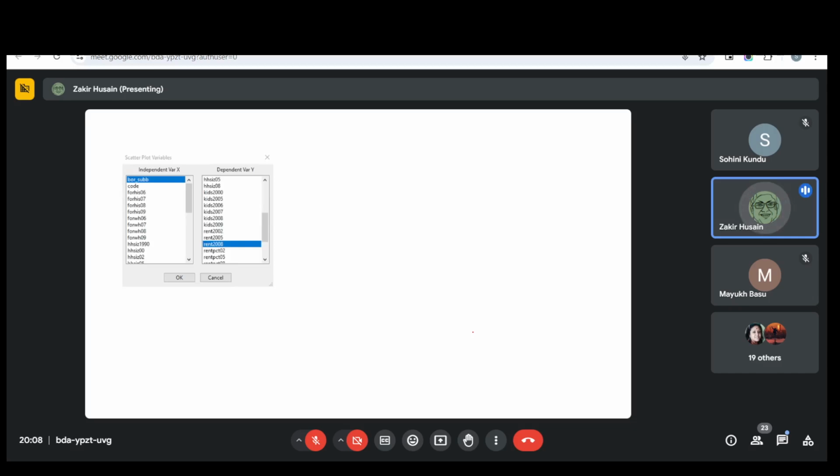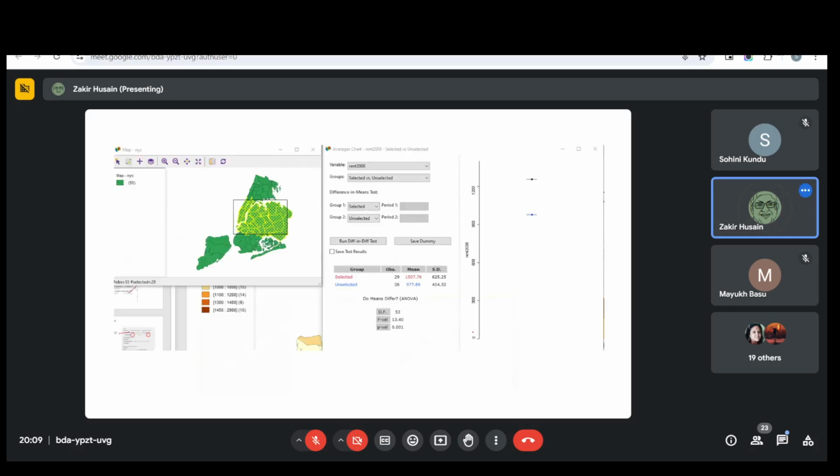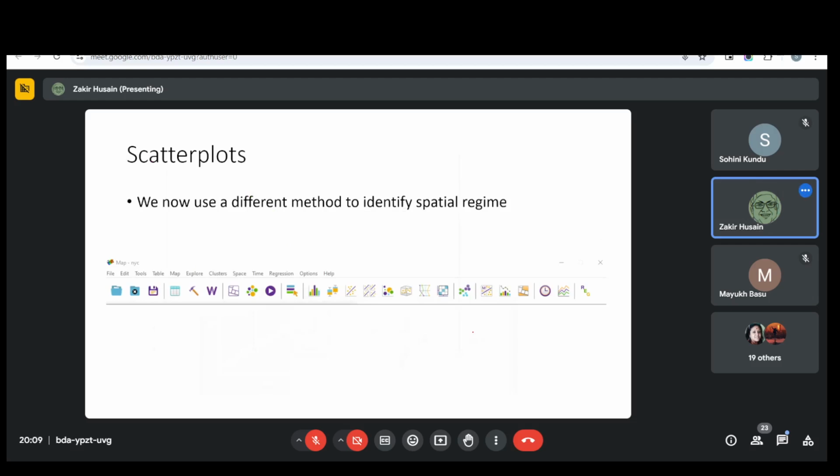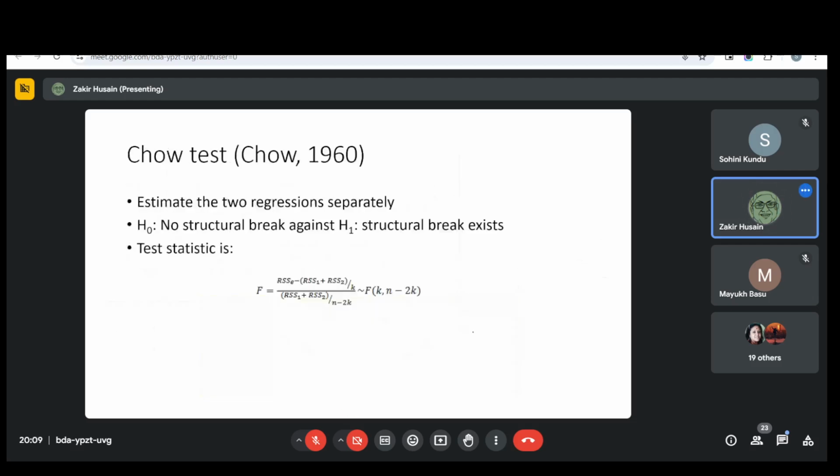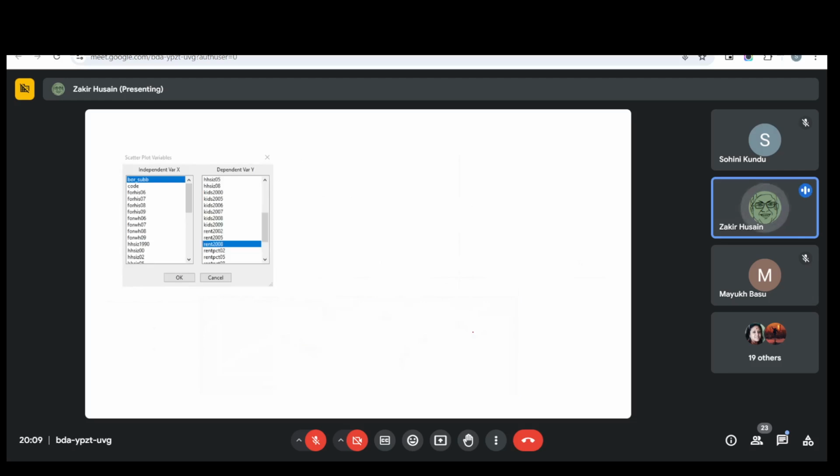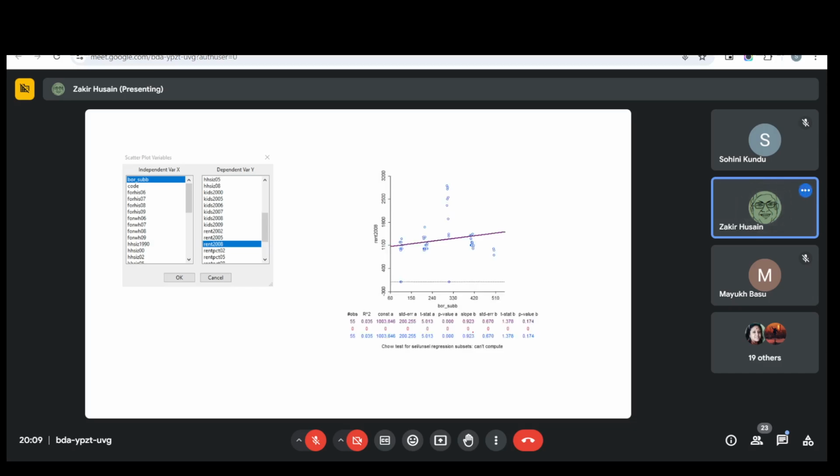Now, how do we do this in GeoDa? If you click on the box that I showed you, then you're going to get this window, and you should select borough for the independent variable x and rent for 2008. You're basically saying that the rent depends upon the location, which is given by borough. If you click OK, you're going to get this regression.